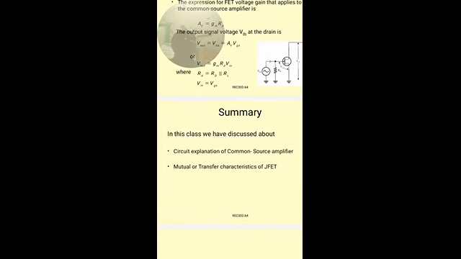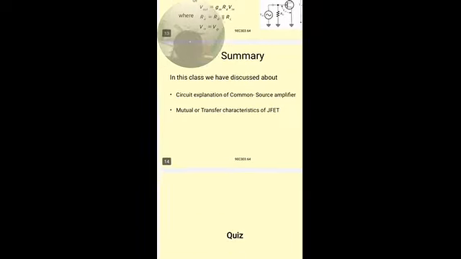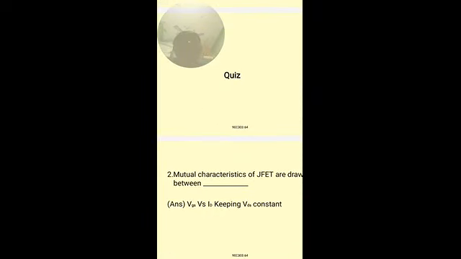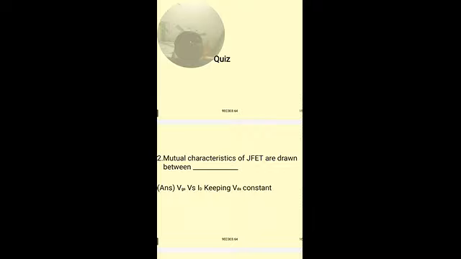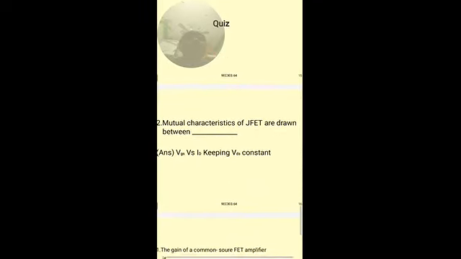So the summary of the class: we have studied the operation of the common source FET amplifier, the mutual and transfer characteristics of the JFET, and the drain characteristics of the JFET.